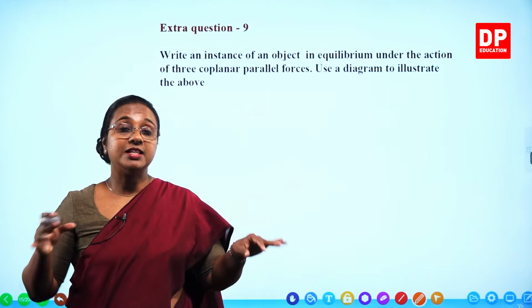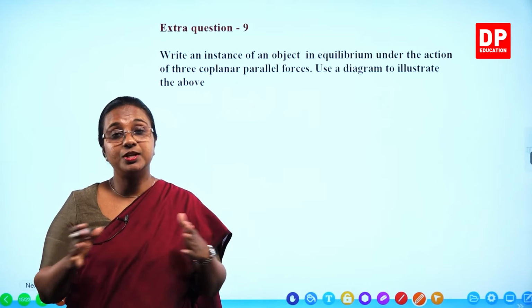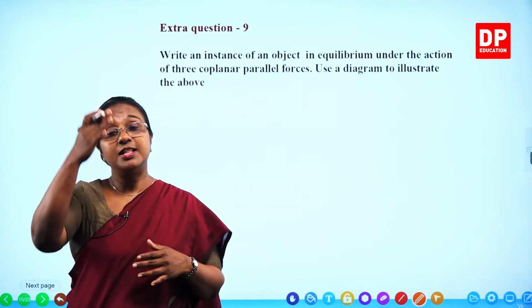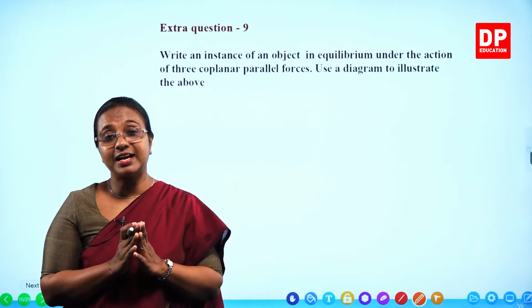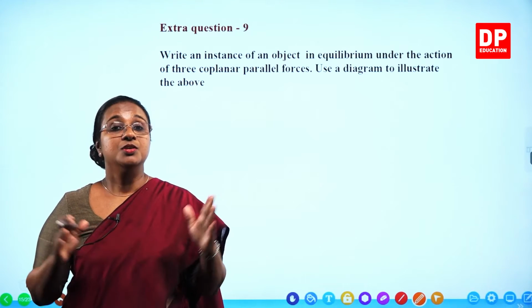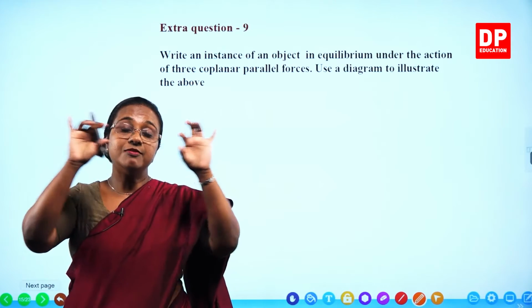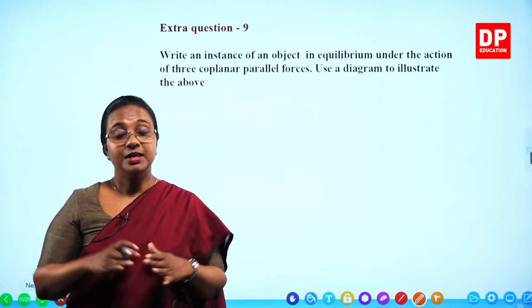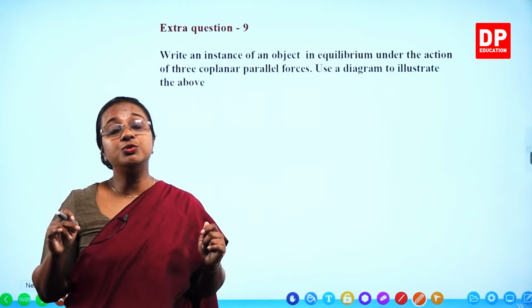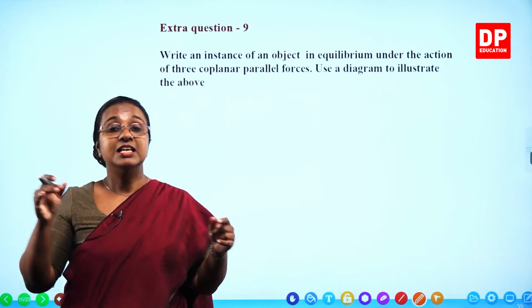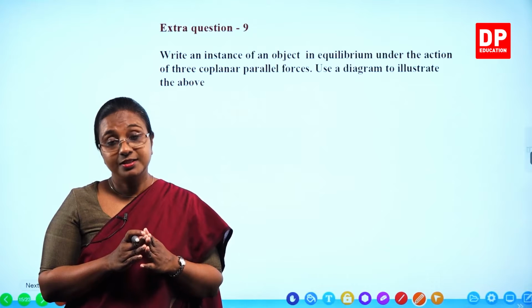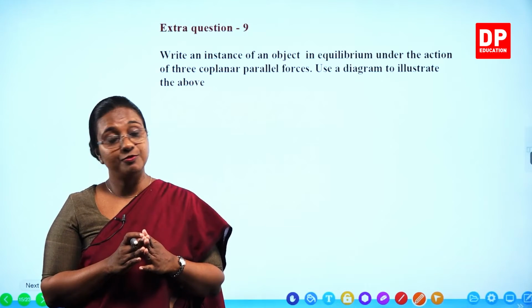Similar to that, you can think of a rod that is supported on 2 supports where the weight of the rod is acting downwards and the reactions are acting upwards. Similarly, a fluorescent bulb hanging from 2 strings or 2 wires or 2 chains is also 3 coplanar parallel forces.